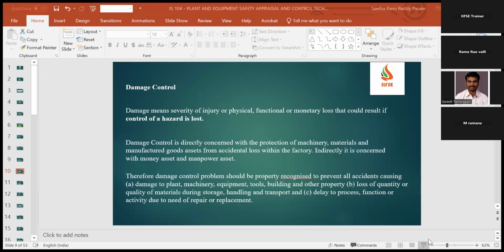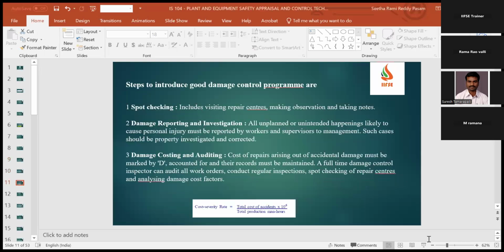These are the various benefits we can get from damage control.